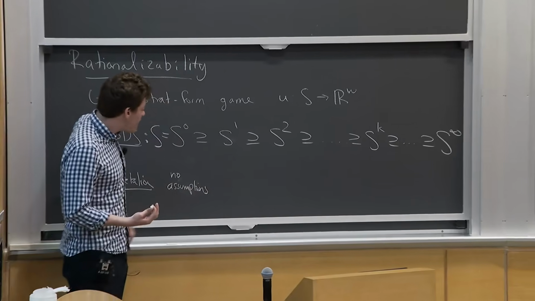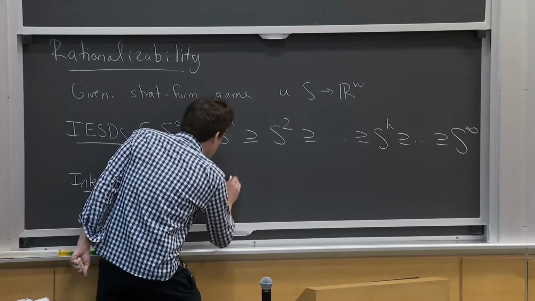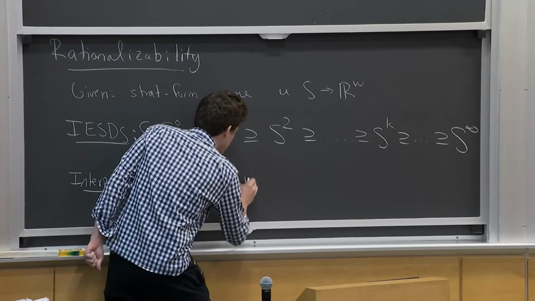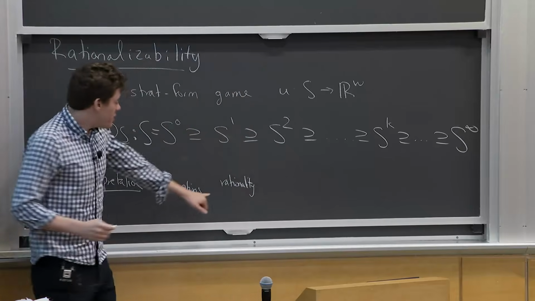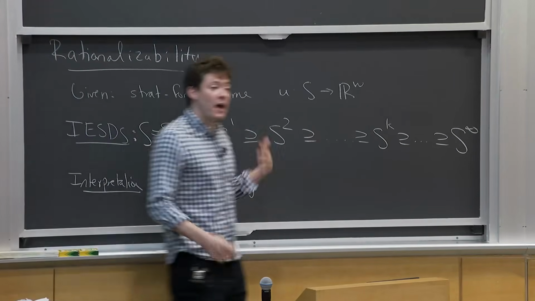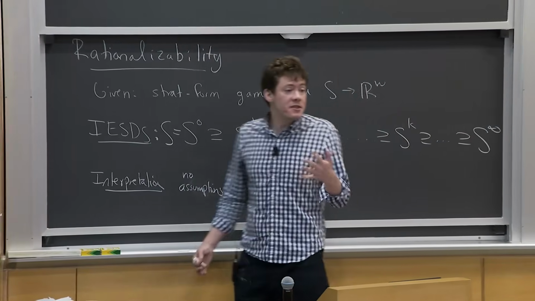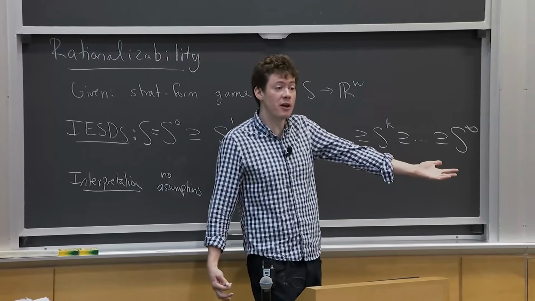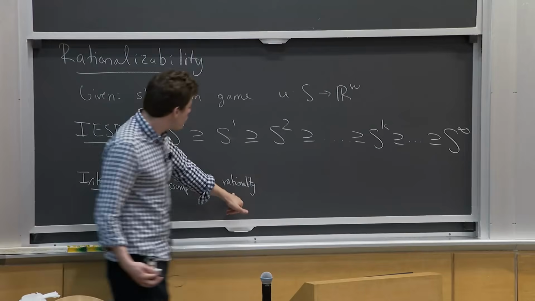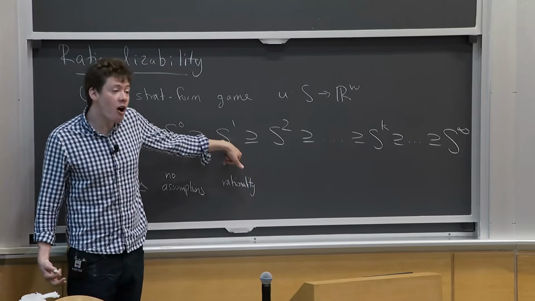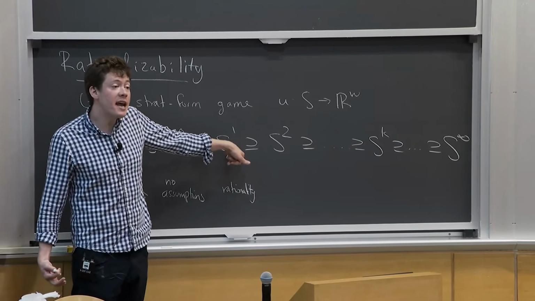But then we move to S1, where the interpretation is rationality. What we said is, what if we assume that every player is rational, in the sense that every player plays a best response to some belief about the opposing players' strategies? And if we assume that every player is rational, then we can narrow down our prediction in the game to the set S1.